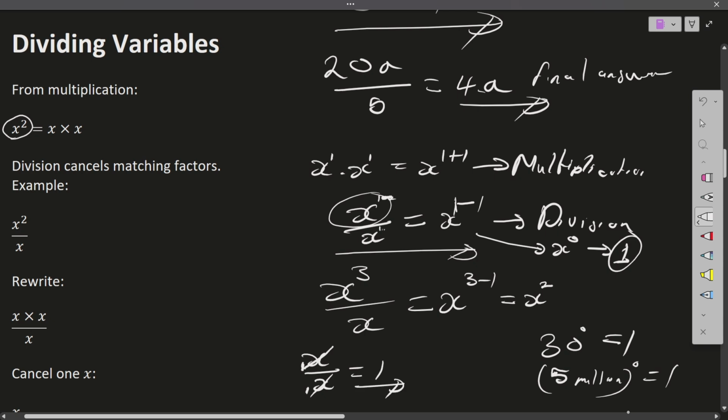Okay, so any number divided by itself is 1. And so if I have 30 dividing by 30, that is 1. Okay, so yeah, it is basically the same thing here. Okay, so I just wanted to discuss this as well. Okay, all right, let's go back here.